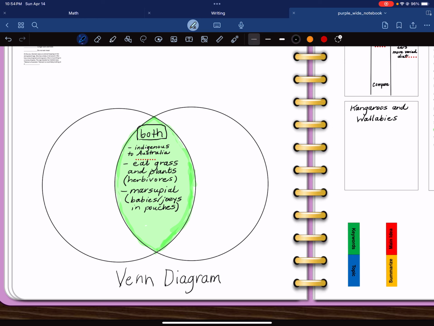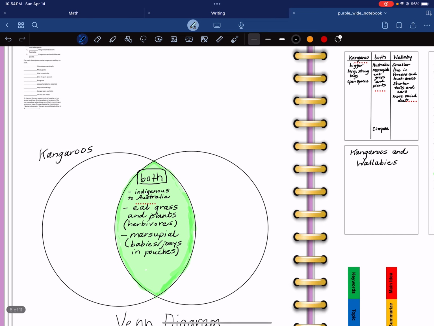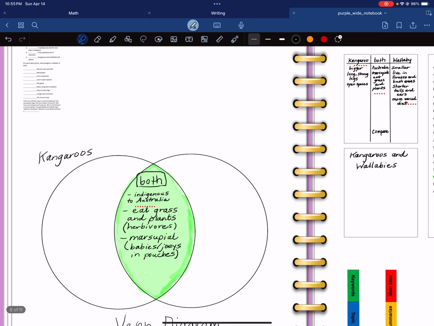Okay, on this side, I'm going to put kangaroo. So this part of the circle is true only for kangaroos. Now they tell me that kangaroos are bigger than wallabies. They weigh much more than wallabies. Kangaroos have those long, strong legs that they bounce on.